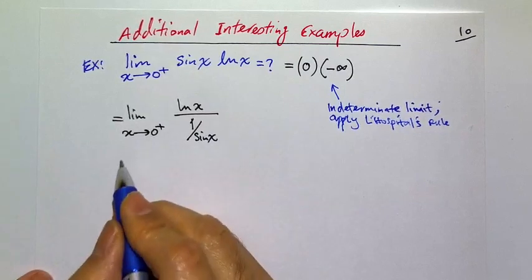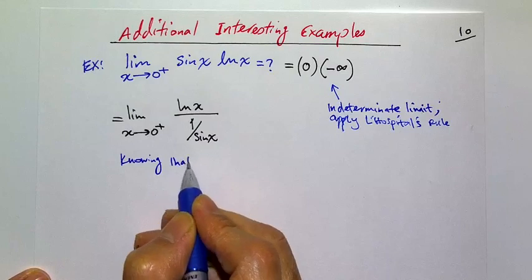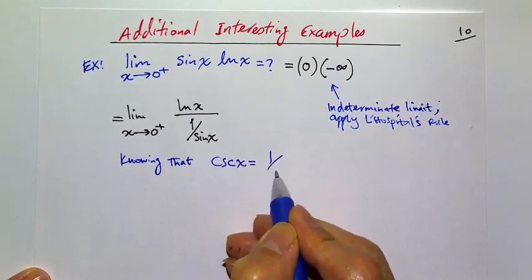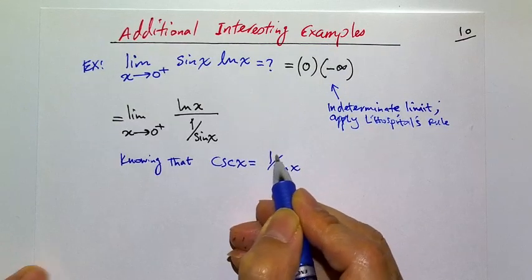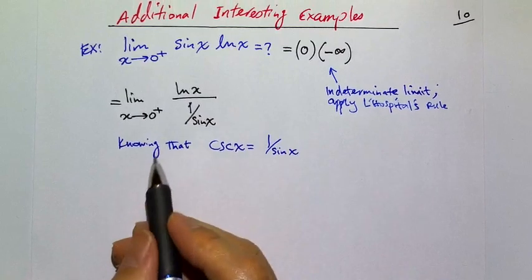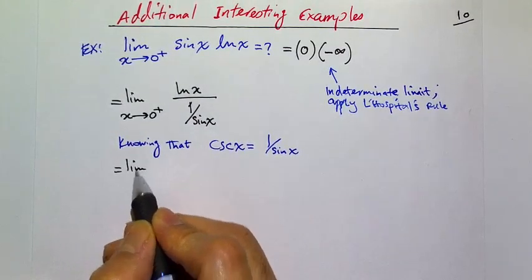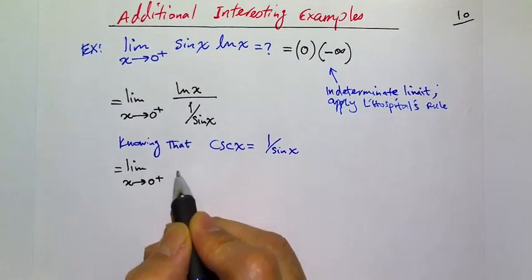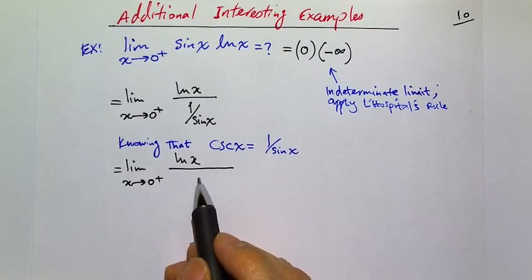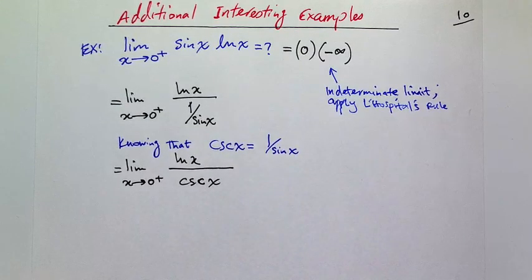So knowing that cosecant of x is equal to 1 over sine of x, then we can rewrite this as the limit as x goes to 0 of natural log of x over cosecant of x, right, like that.